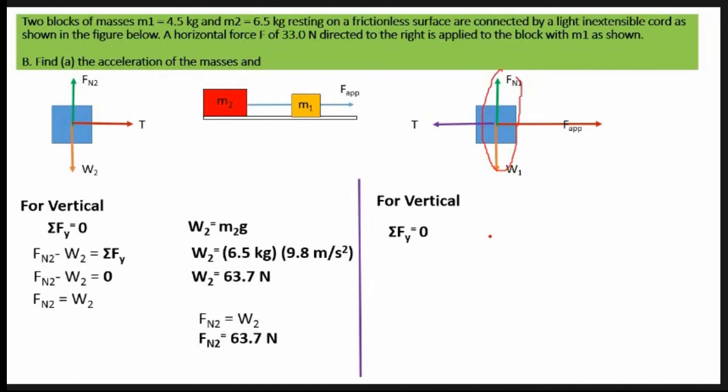Next, you have to find the formula for this summation Fy. You add all the forces going upward, and you subtract all the forces going downward. So we have here Fn1, that's positive, minus weight 1 is equal to this one.